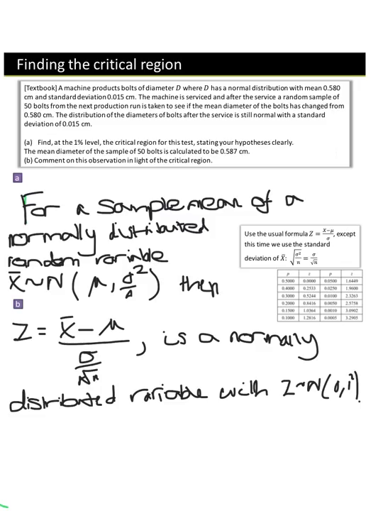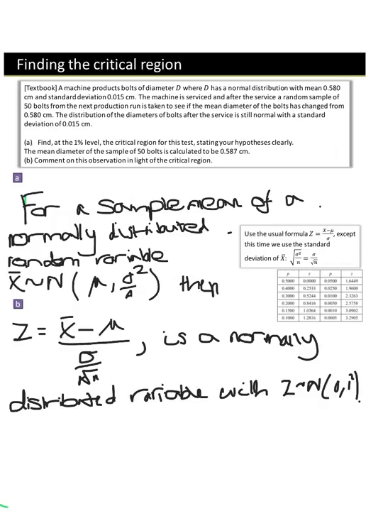So what we're going to look at next is finding a critical region or critical value. For a hypothesis test for the mean of a normal distribution, we need to standardise the test statistic. For a sample mean of a normally distributed random variable, the sample mean X is normally distributed with a mean mu and variance sigma squared over n.